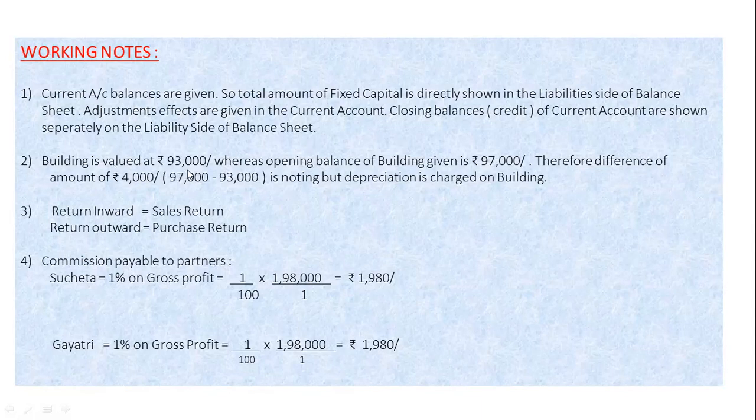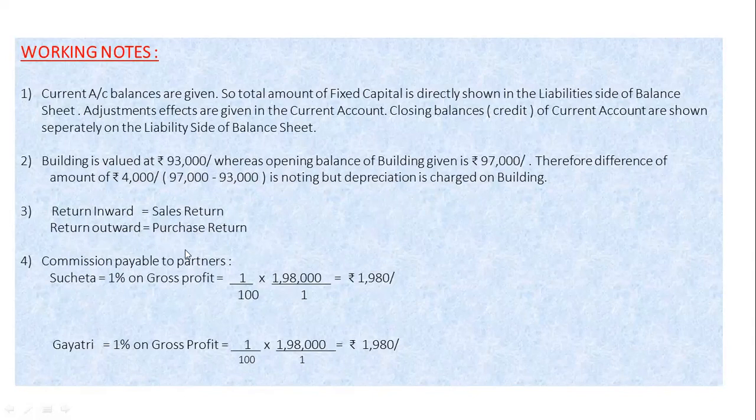Building value is 93,000, whereas opening balance of building is given as rupees 97,000. Therefore, the difference of rupees 4,000, that is 97,000 minus 93,000, is noting, but depreciation is charged on building. Return inward means sales return.